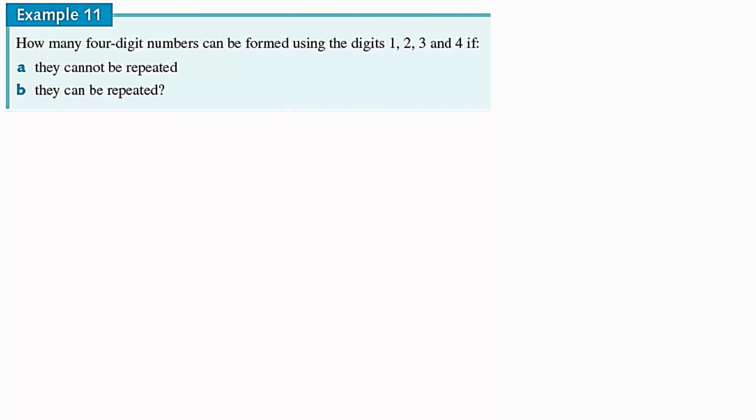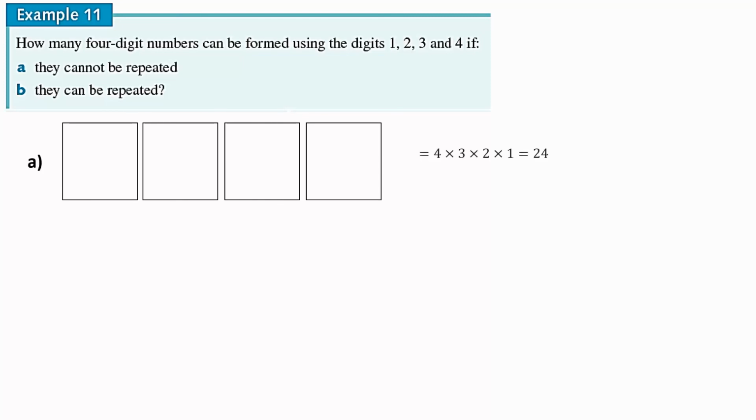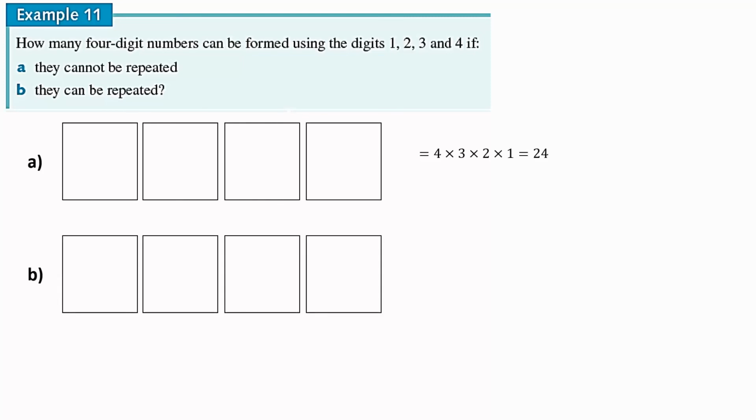A lot of the time students don't realize this, but in the first one it made sense. In the second one, you ask the same question: in the first position, how many options did I have? I had 4. In the second position, I still have 4 because I can repeat. So it's 4 by 4 by 4 by 4, which is 4 to the power 4, which makes 256.